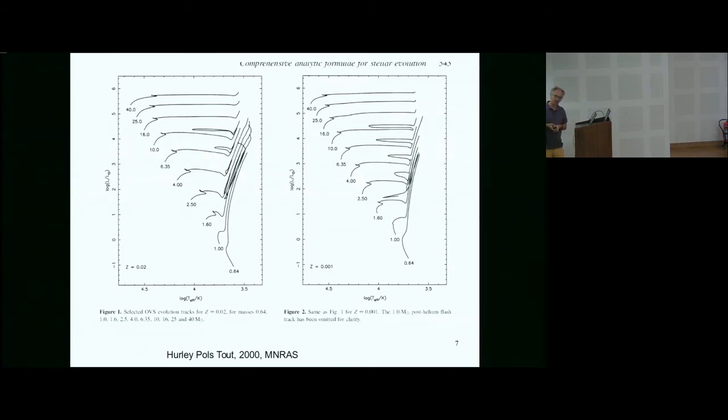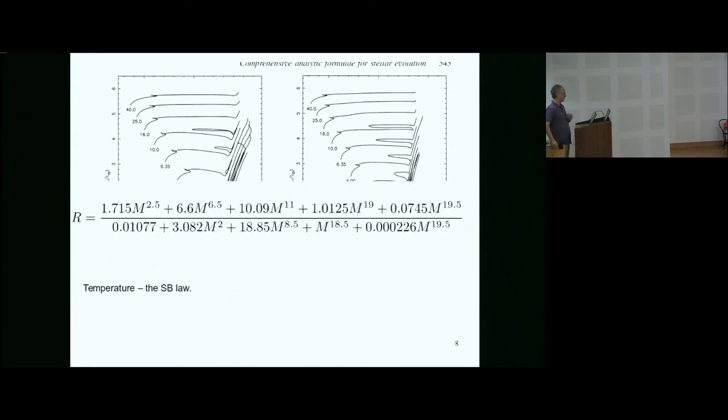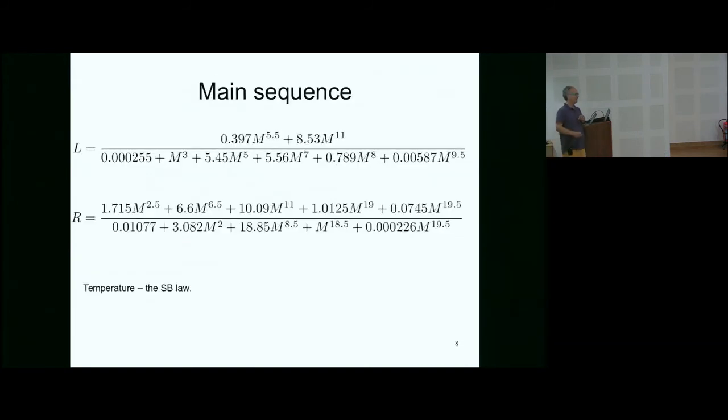So these evolutionary tracks are taken from this paper, and I think it would be good for you to take this reference, because it contains the results of running lots of single evolution codes with various parameters, and then fitting formulae that I will try to scare you with, like this. Of course, I don't expect you to memorize this, but even write it down.